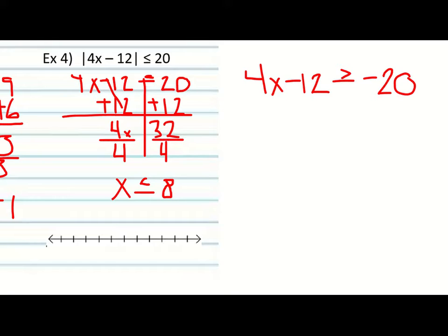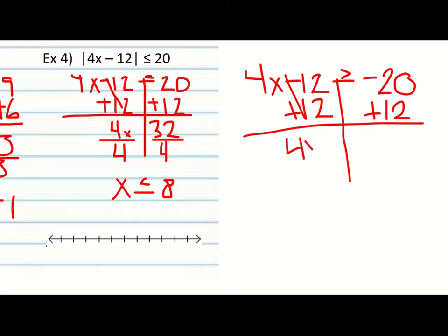For the second inequality, I'm going to add 12. So I have 4x with negative 8. And then divide by 4. So I'm going to have x is greater than or equal to negative 2.